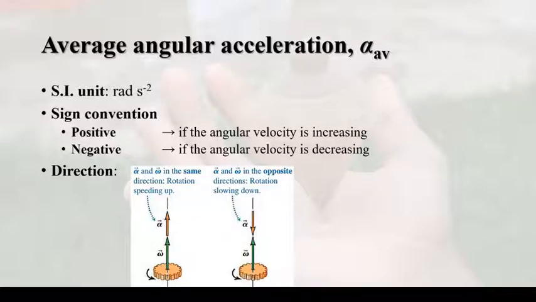If it is a negative value, it points in the opposite direction of the angular velocity. So this is a diagram. Alpha and omega are in the same direction if it's speeding up. Alpha and omega are in opposite directions if the rotational motion is slowing down.